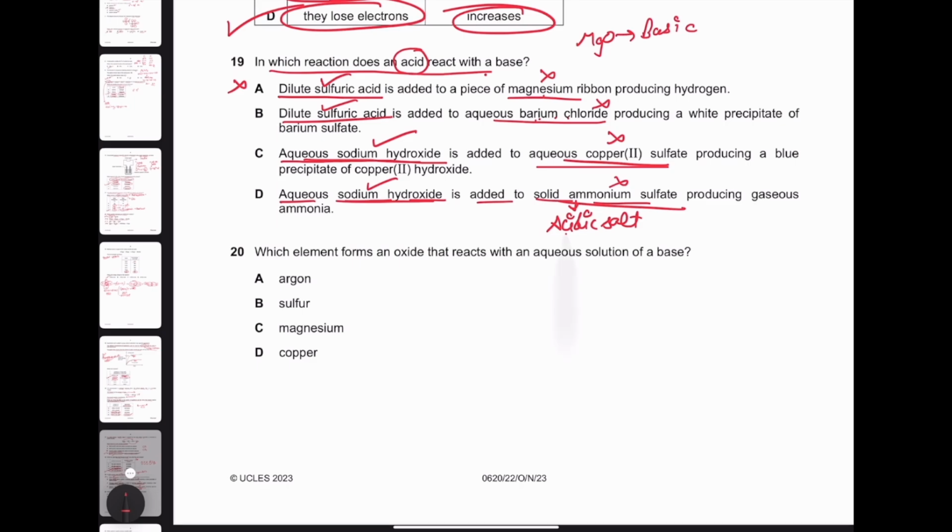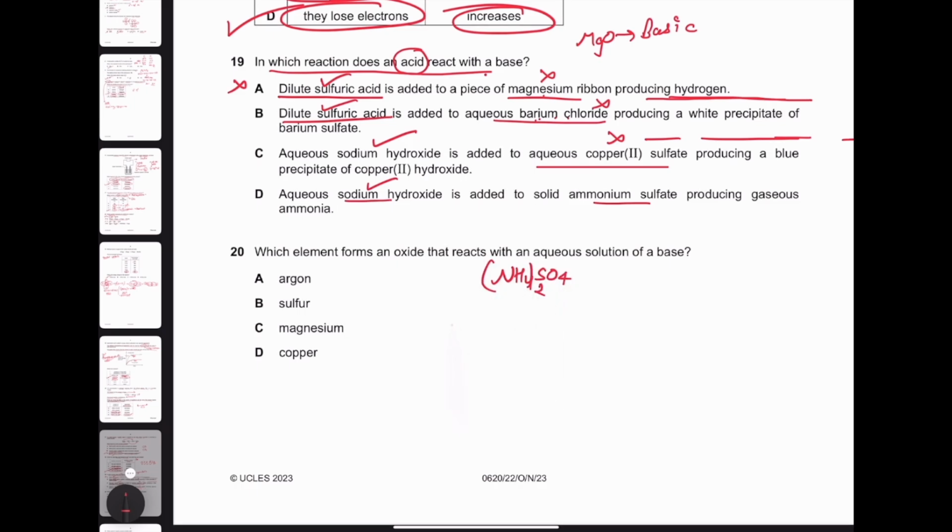Now, how do you know this is an acidic salt? Just think about it. It is an ammonium salt. So it must be made from sulfuric acid, and from some base which contained ammonia, let's say. Sulfuric acid is a strong acid, and ammonium bases are weak bases.